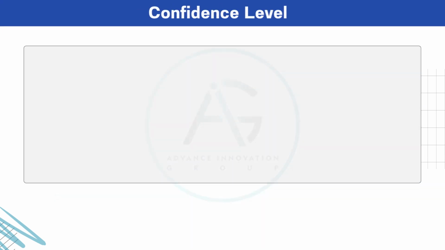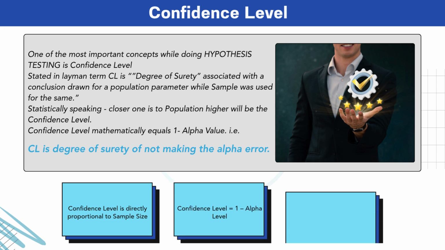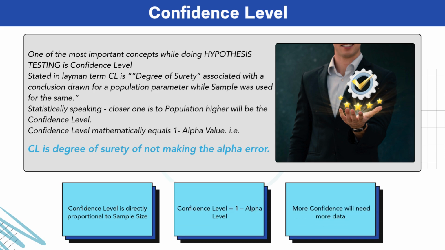One of the most crucial concepts in hypothesis testing is the confidence level, often abbreviated as CL. Let's start with a simple definition. The confidence level is the degree of certainty or surety we have that the decision we are making about the population, based on sample data, is correct.